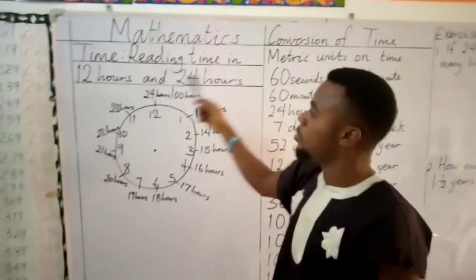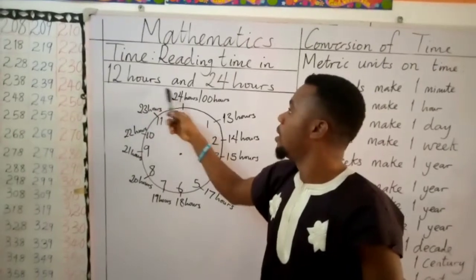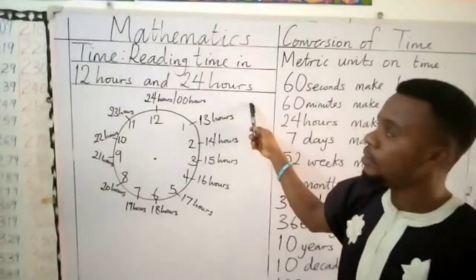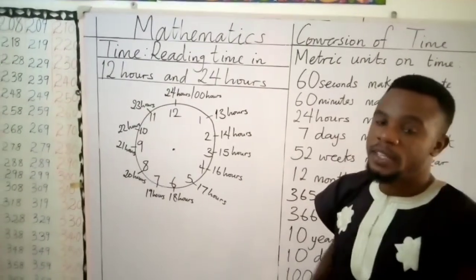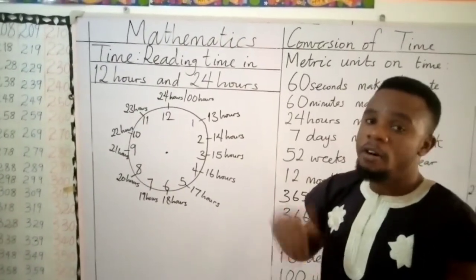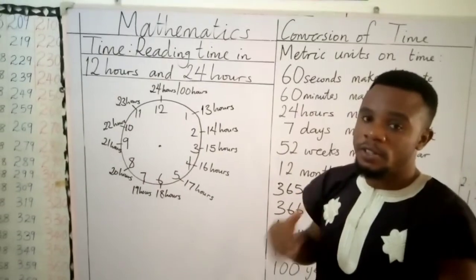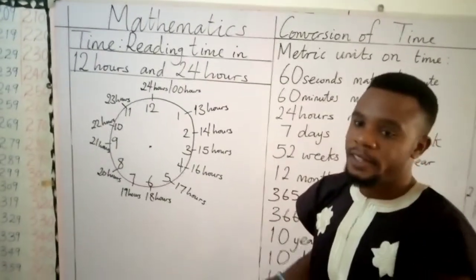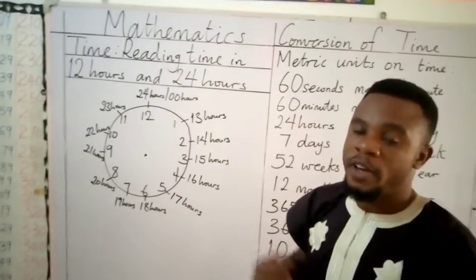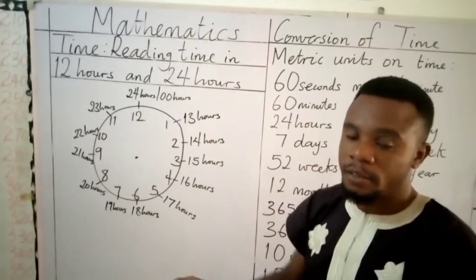Reading time in 12 hours and 24 hours. Remember what we said about what time is? We said time is an ongoing and continuous sequence of an event. So you cannot get time back. When it has passed, it has already gone.